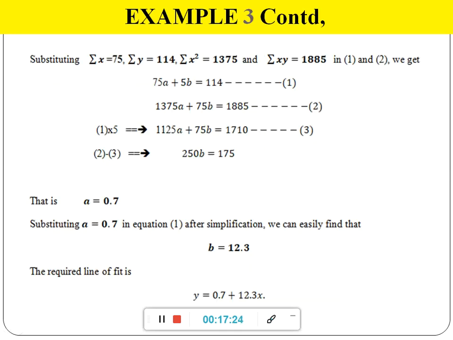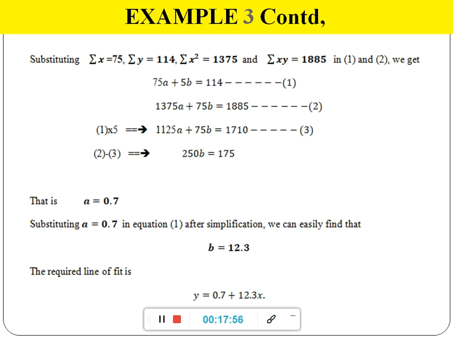Now substitute all the values in normal equations 1 and 2, we get equations like this. To solve these equations, multiply the first equation by 5. So we get 1125a plus 75b equal to 1710. Then subtract 2 and 3 gives 250b equal to 175.